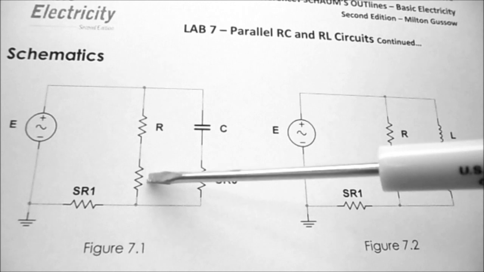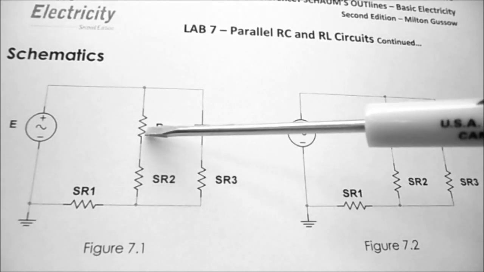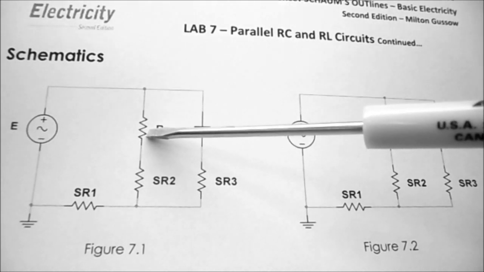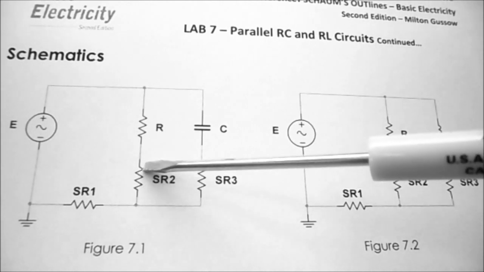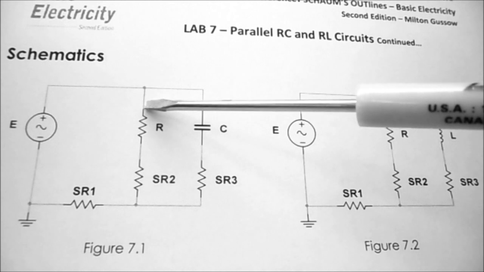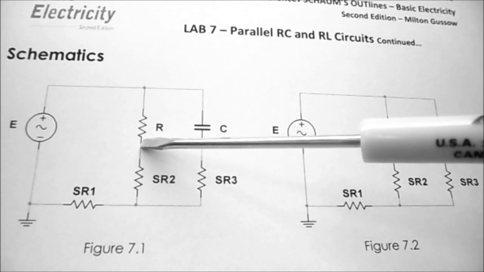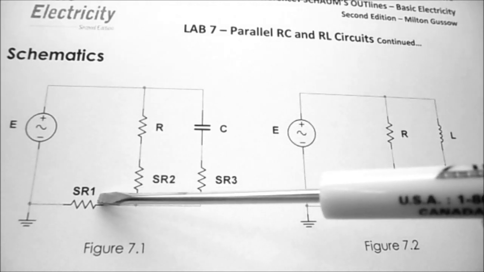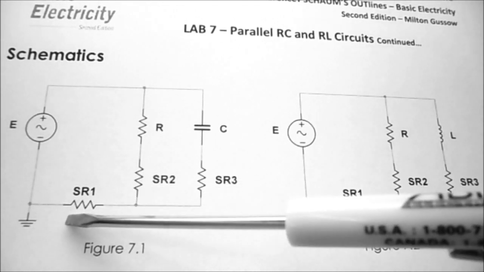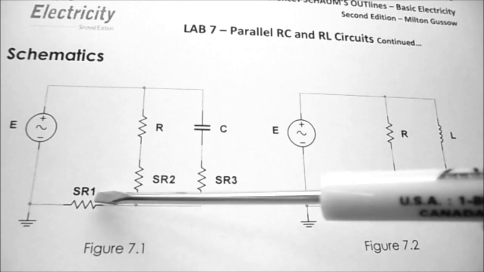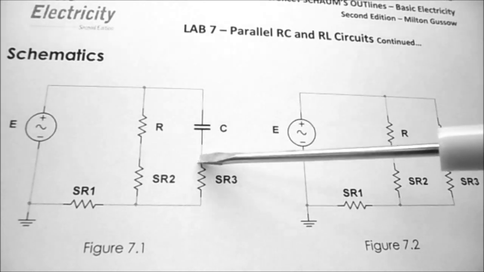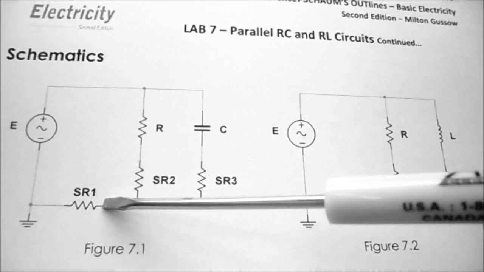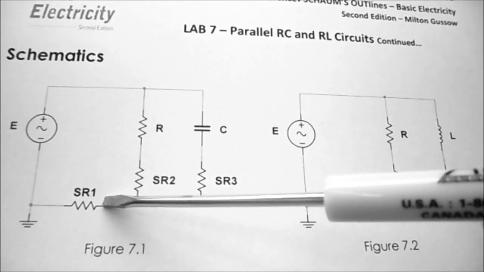Likewise, we can put a sensing resistor in series with the main resistor, and it will show us the phase angle of the current flowing through the resistor. And then we can use a sensing resistor to measure the total current flowing through both branches and find out what the resultant phase angle is of the total current.